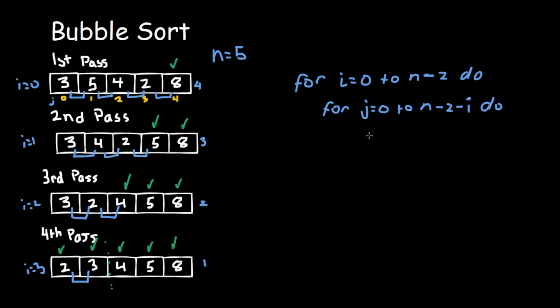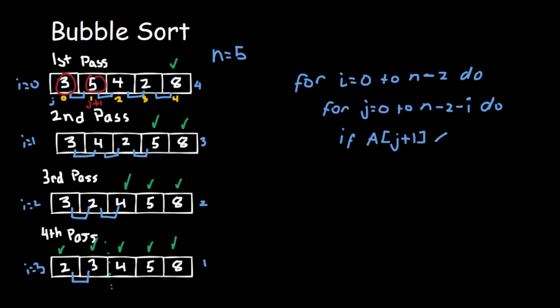Now we do a comparison using an if statement. If A[j plus 1] is less than A[j]. So what we're doing is getting the first element, j, and getting j plus 1.